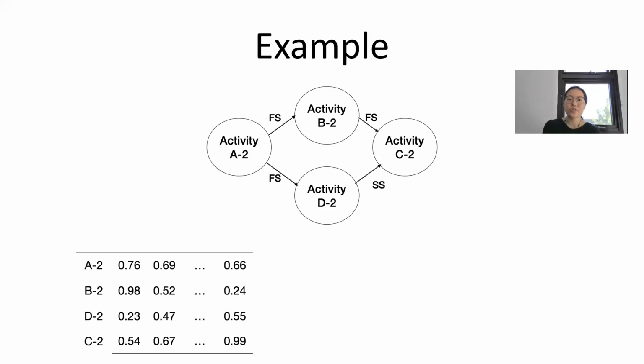This one is the feature matrix, because we mentioned earlier that the feature matrix is the feature representation of each node, including its text description and duration. So the size of the feature matrix depends on the number of activities we have in the project, and also the word embedding size that we have.